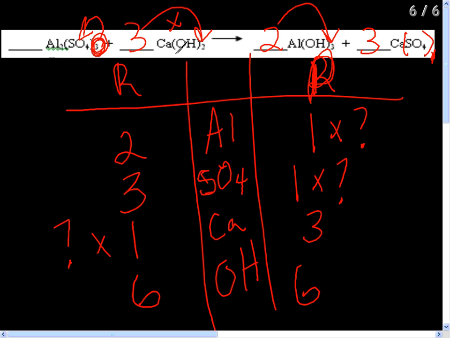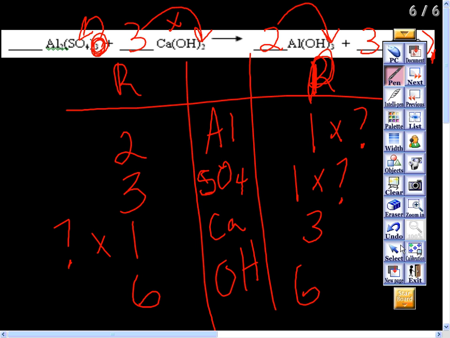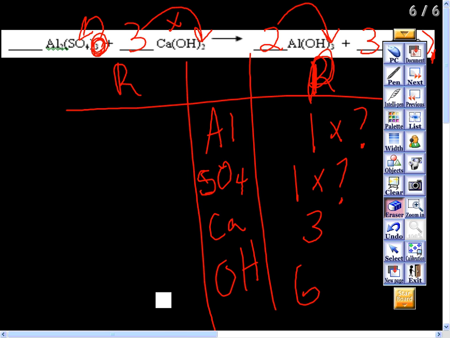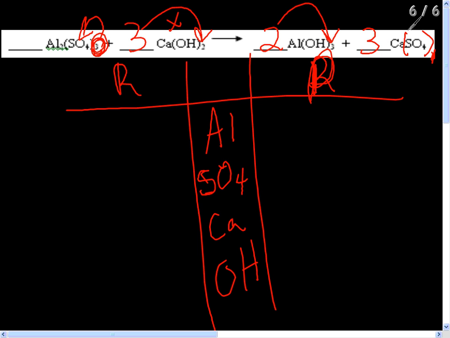Once again, let's check everything. I'm going to erase what I wrote here, make sure it's balanced. You should never just go through it once to see that it's balanced. You need to go back a second time, double check. So I have 2 aluminums in reactants. I have 2 aluminums in products.